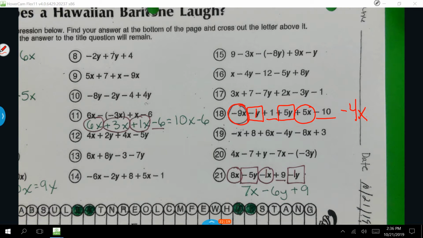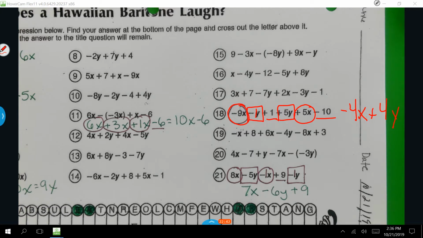Now let's go to our boxes. We have negative 1 plus 5. So we're going to put plus 4y. So negative 4x plus 4y.